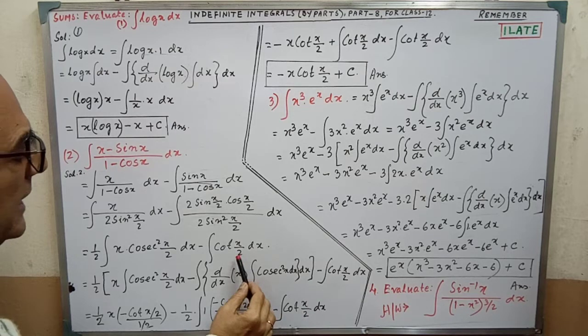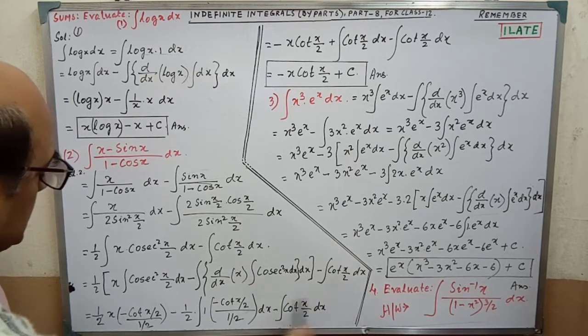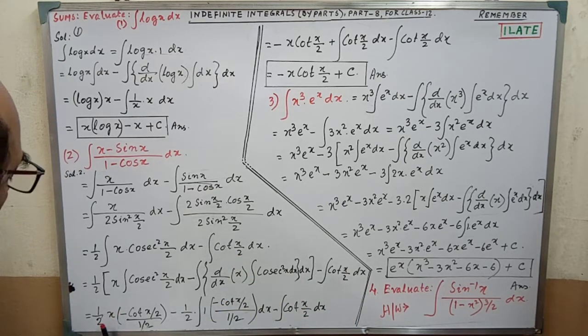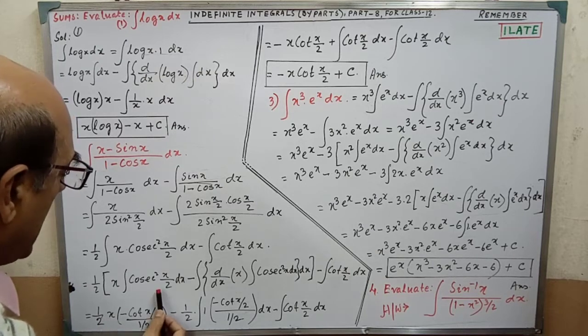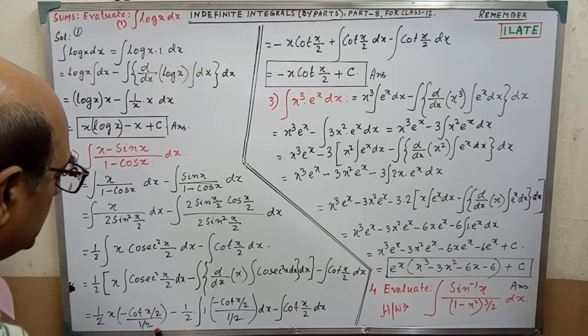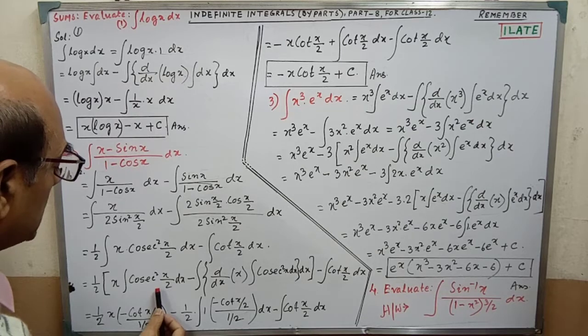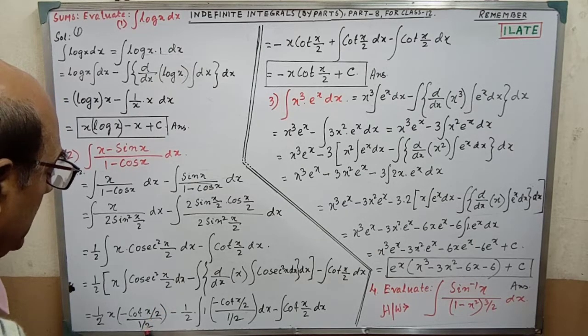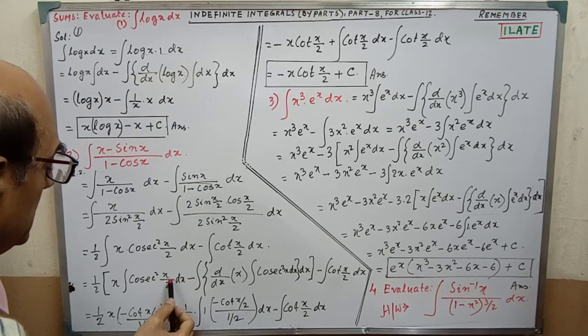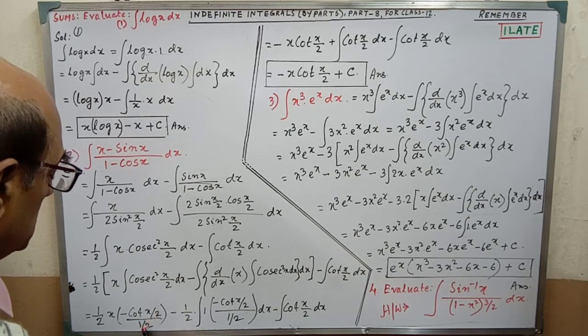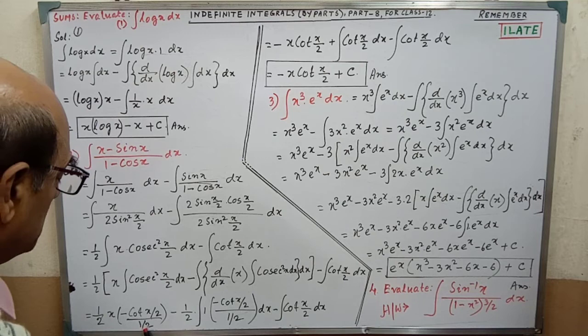By following, it will remain as it is. Then we have to apply the formula half x. This is the formula: integration of cosec square mx is cot mx by m. In place of m here is half, so we have to divide this by half.